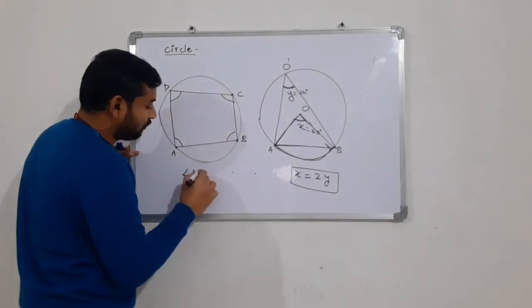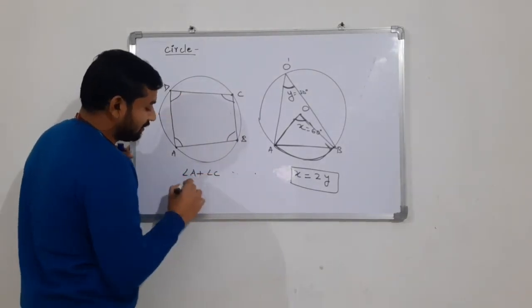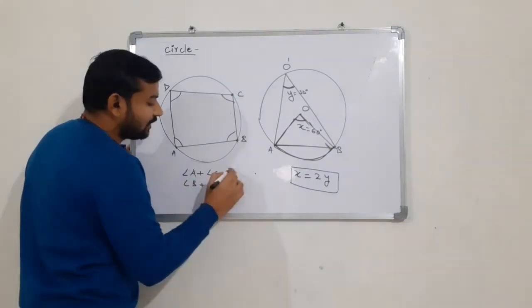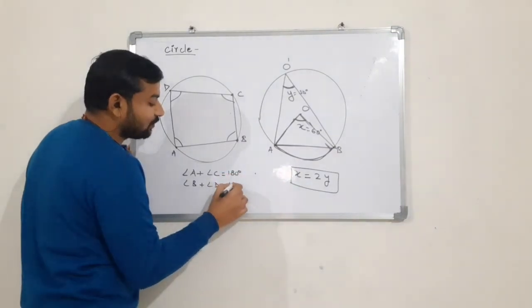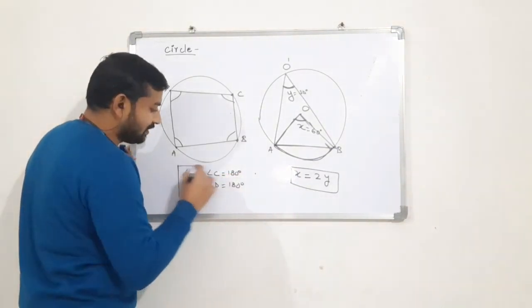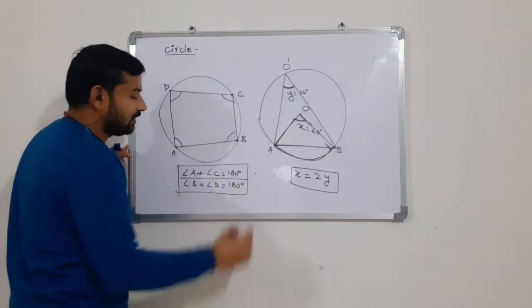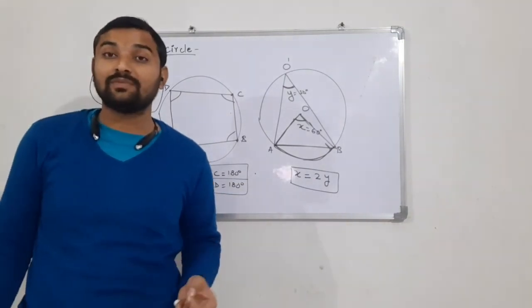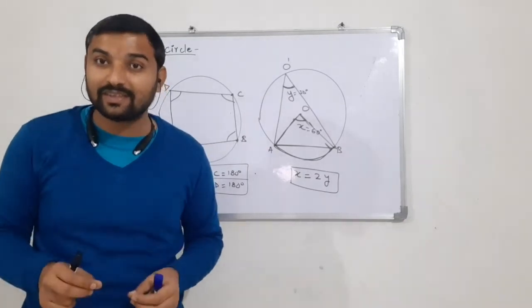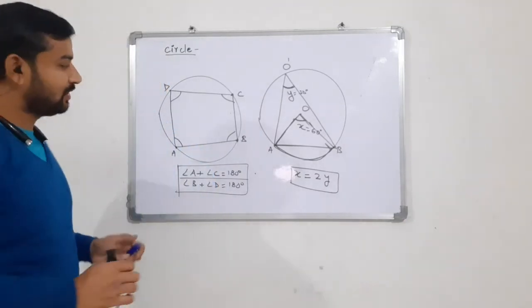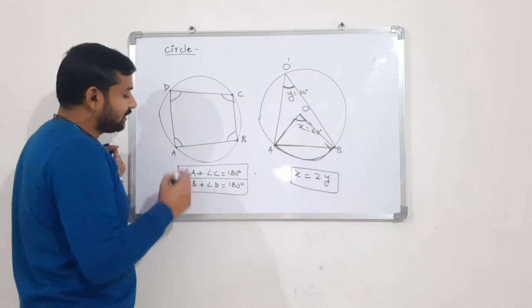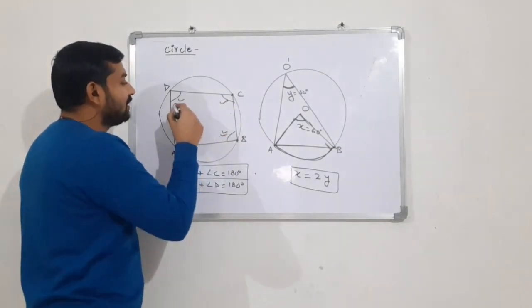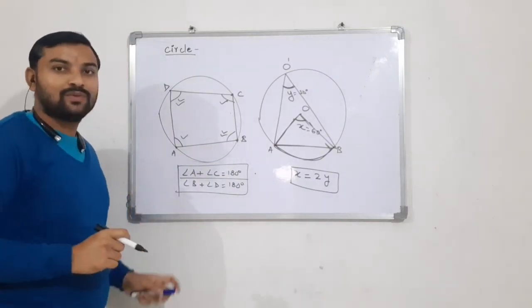The sum of opposite angles, that is angle A plus angle C, and angle B plus angle D, is 180 degrees. Means we can say the opposite angles of a cyclic quadrilateral are supplementary. Supplementary angles are two angles whose sum is 180 degrees. So in a cyclic quadrilateral the opposite angles, like A and C, and B and D, are supplementary to each other.